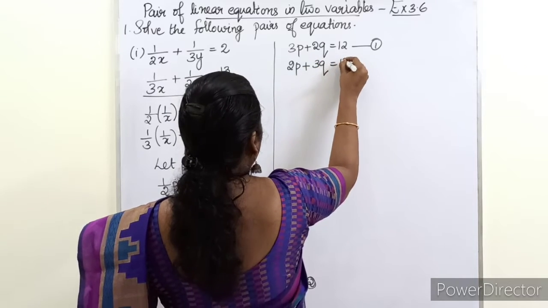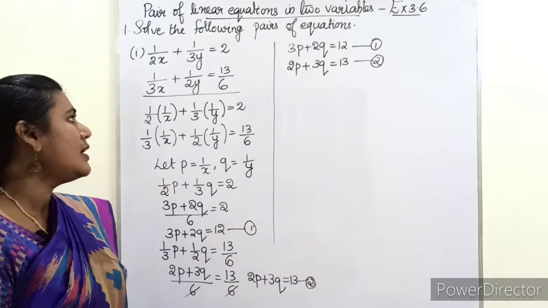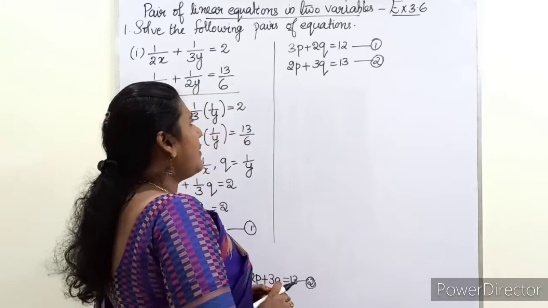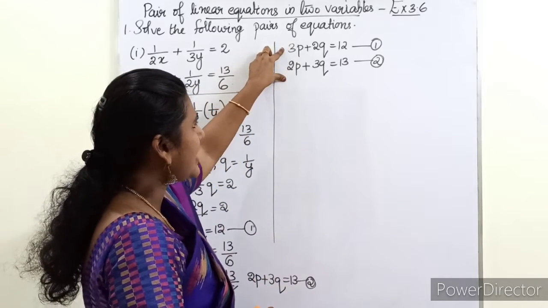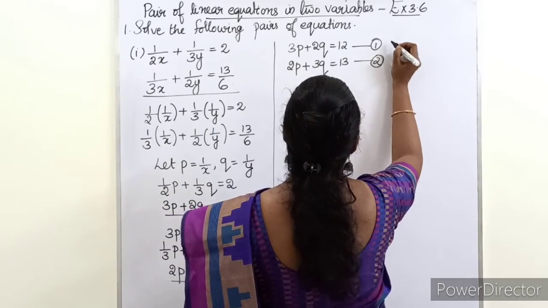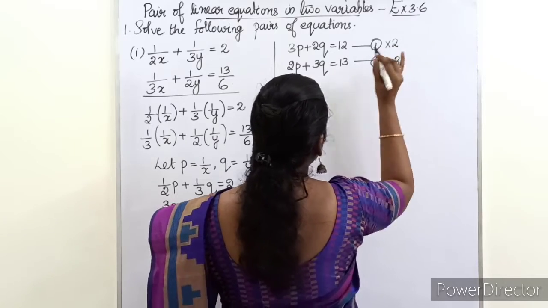to 13. Now if you see here, I am going to use the elimination method, but the coefficients of p and q are not the same. So I am going to make the coefficient of one of the variables equal. I am going to multiply equation 1 by 2 and equation 2 by 3.